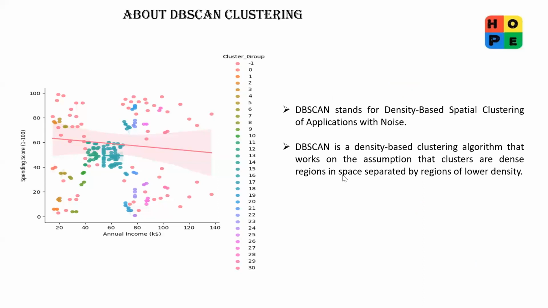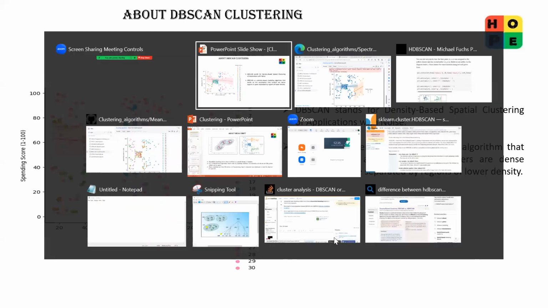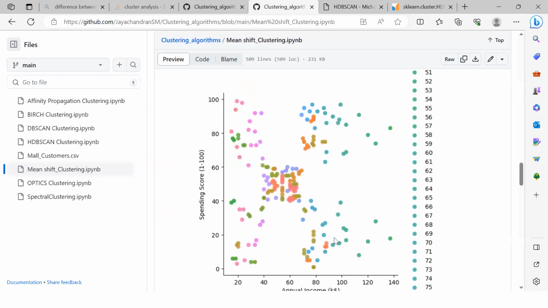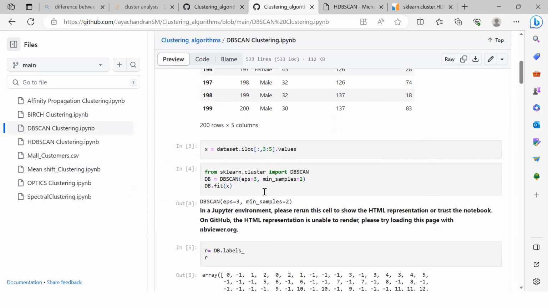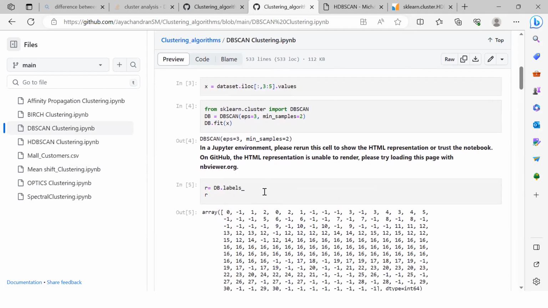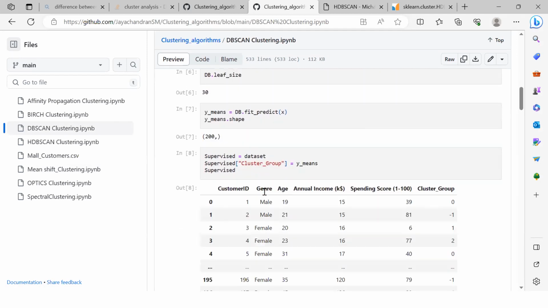Having said that, we will just quickly go back to our DBSCAN Python coding so that you will get a fair idea of what I was trying to say. DBSCAN clustering, I hope you all have seen this. I'm not going to take you through it again. Instead, I will go directly to the algorithm.